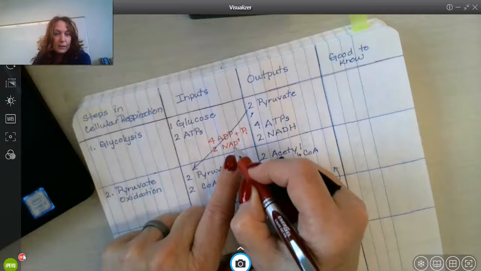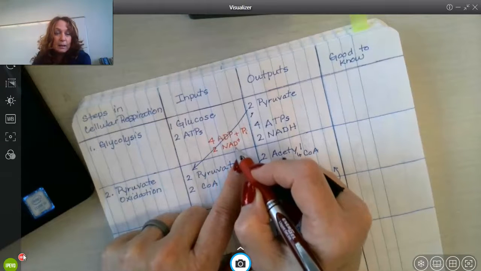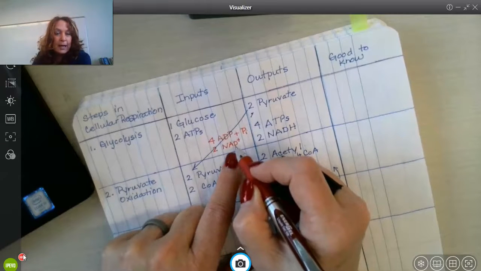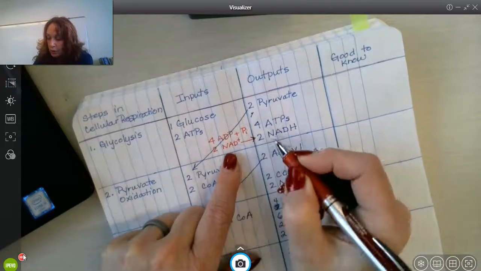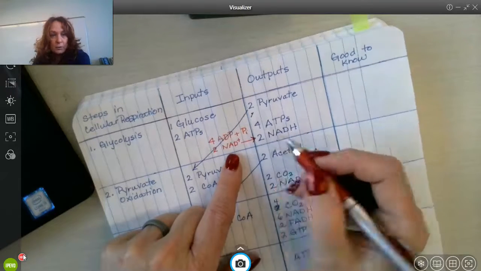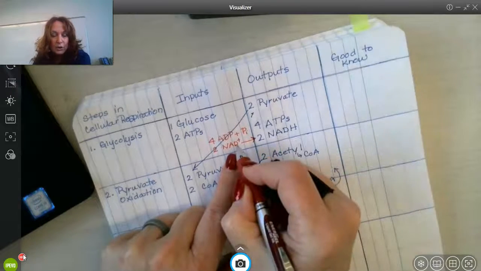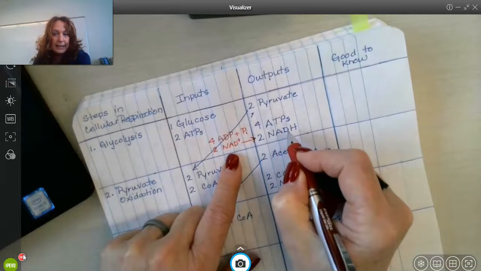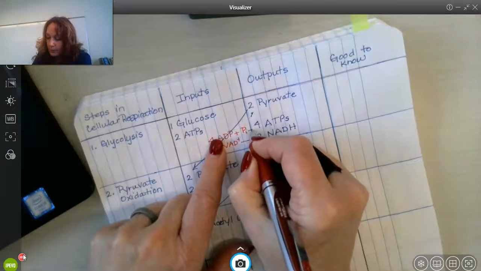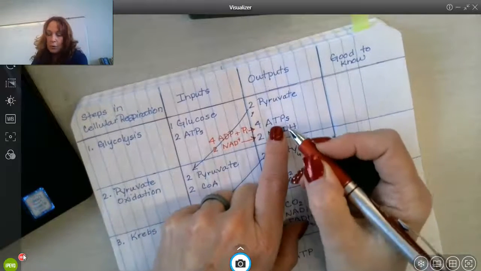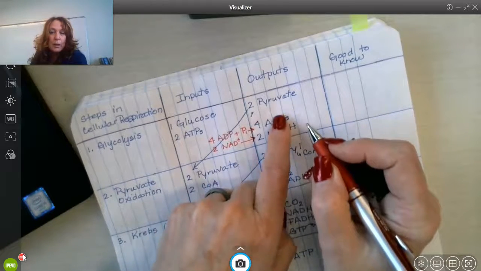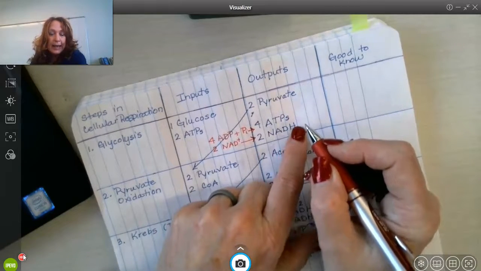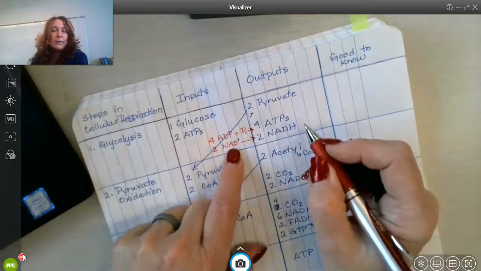NAD is the oxidized form, it's the empty. It's going to gain 2 electrons and a hydrogen, and it's going to become reduced, because that's what gaining electrons is. So it gains 2 electrons and forms NADH. So in order to create ATP, you have to have ADP available. In order to create NADH, you have to have NAD.